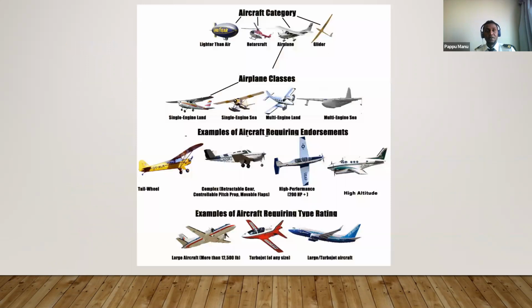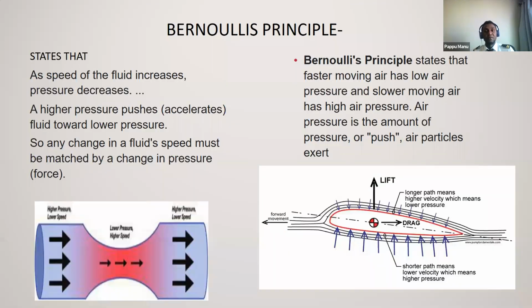Then we also went into Bernoulli's principle, from which lift is created, where the air flowing over the wing produces high pressure below the wing and low pressure above the wing, because the air has to go faster over the wing and slower below the wing, and that produces lift.